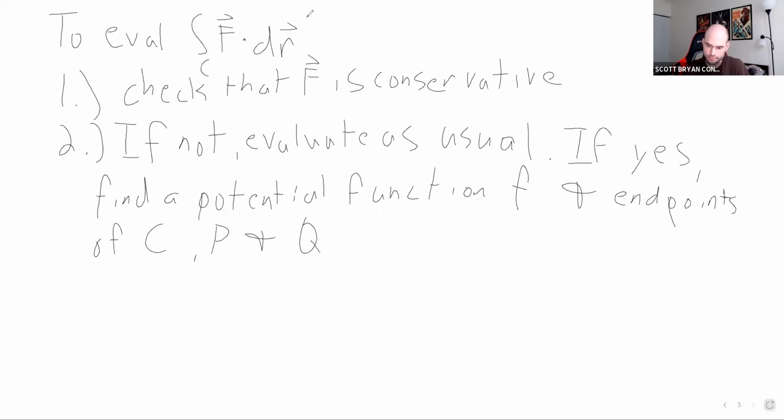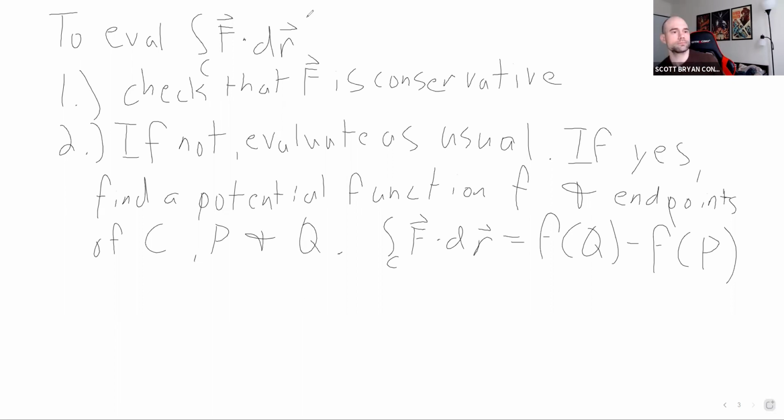We start at P, we end at Q. So we find a potential function, we find the endpoints, and then from our theorem, the integral is just the potential at the final point Q minus the potential at the starting point P. In general, going to be a quicker process than doing a line integral.